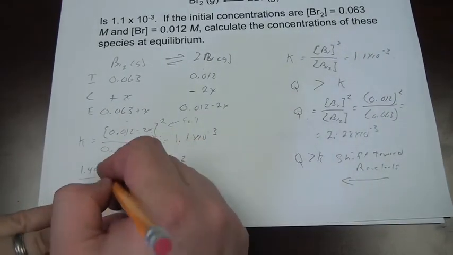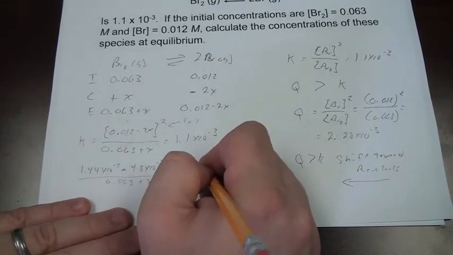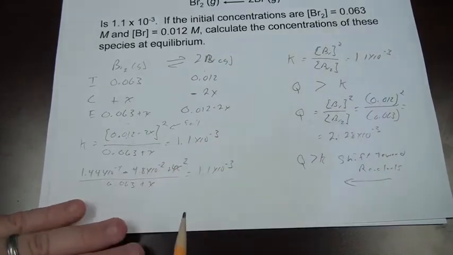So that divided by 0.063 plus x is equal to 1.1 times 10 to the negative 3.